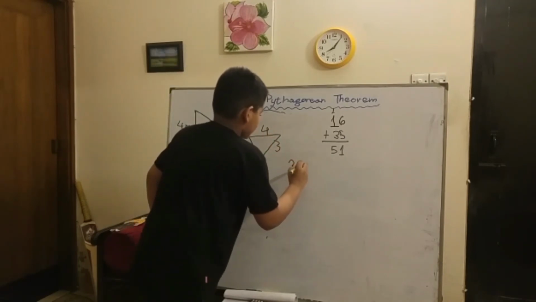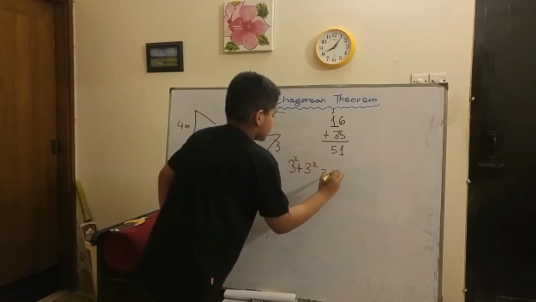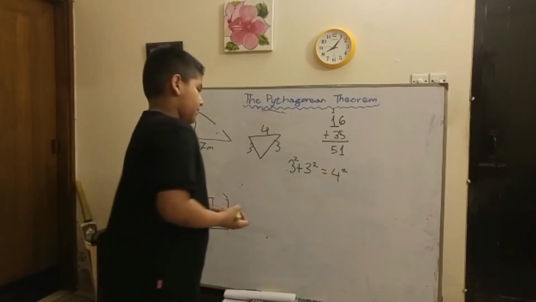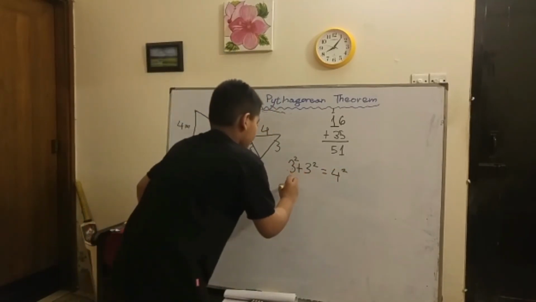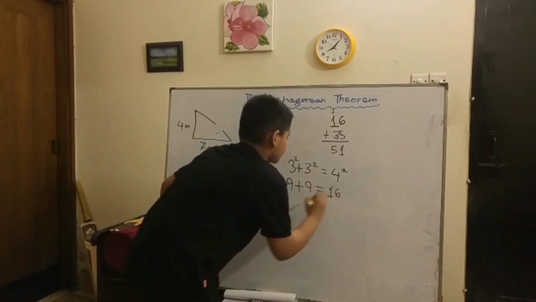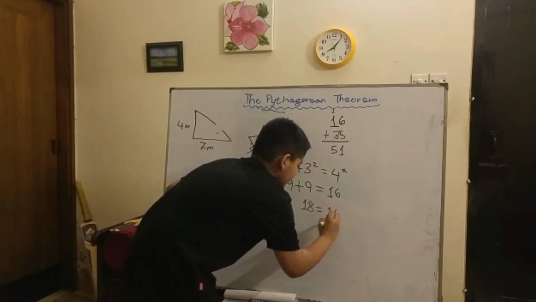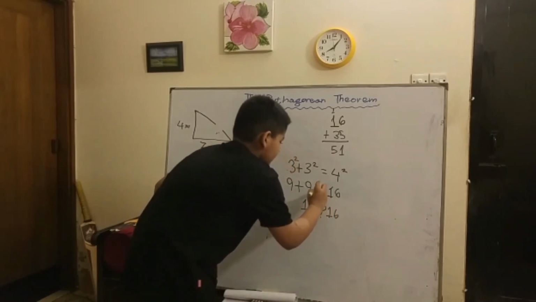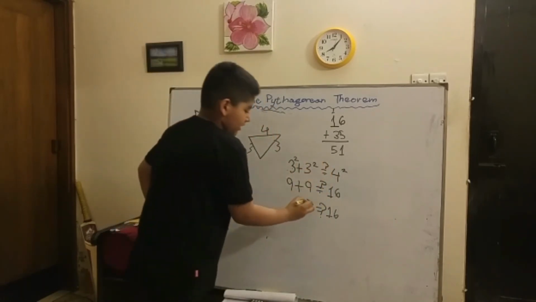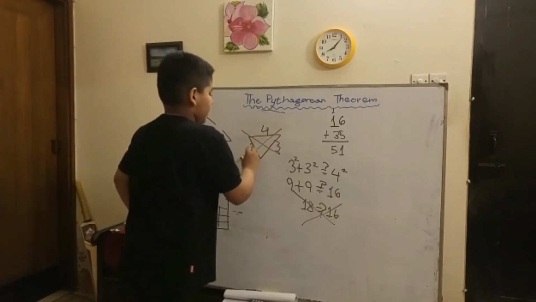The sides 3, we know these are the legs and this is the hypotenuse, because the hypotenuse is the longest side. So 3 squared is 9 plus 9. Uh-oh! We got something really confusing here. This is not a true statement. Therefore, this is not a right triangle.